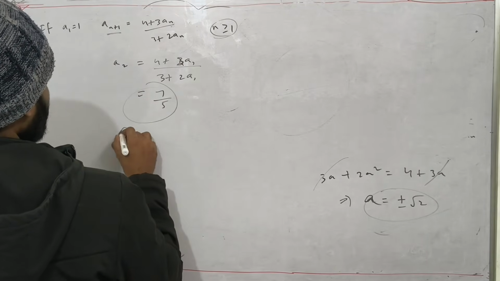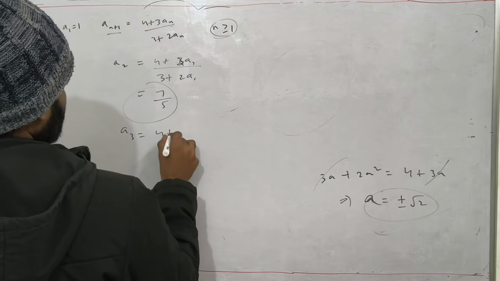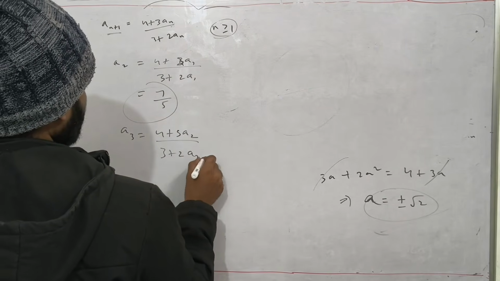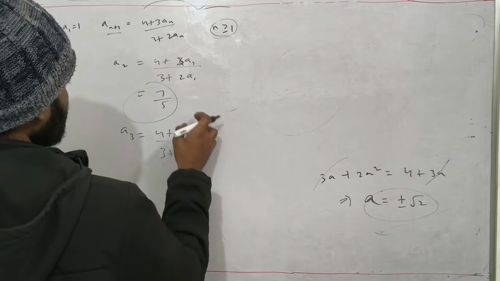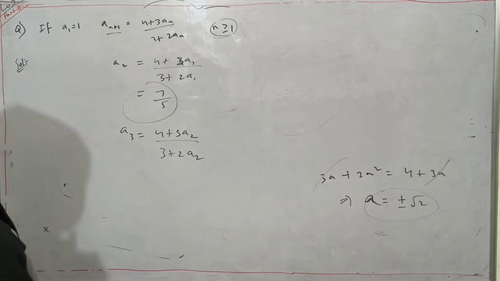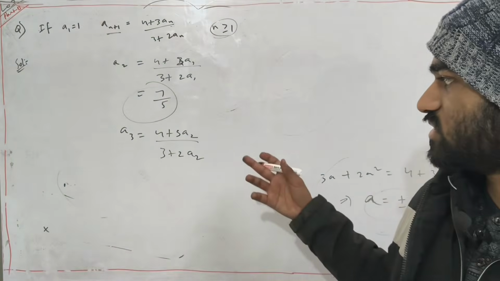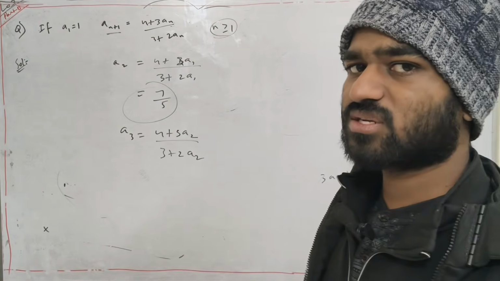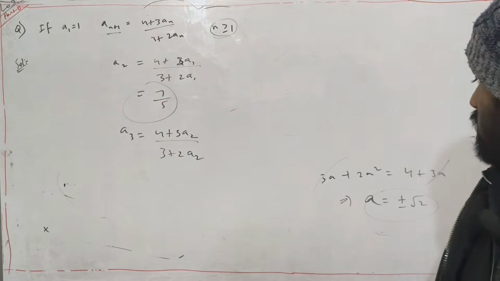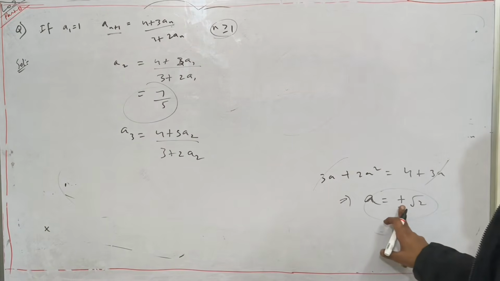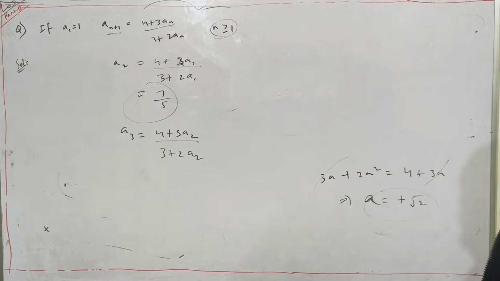Again for a3, (4 + 3a2) by (3 + 2a2), substitute 7 by 5, and go on like this. You never get an as a negative value. An is always positive, so you should not get a negative quantity, so your value is only plus root 2.